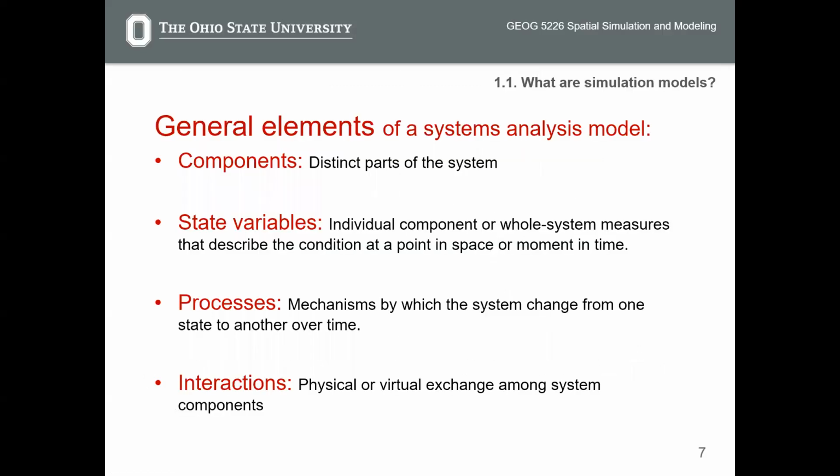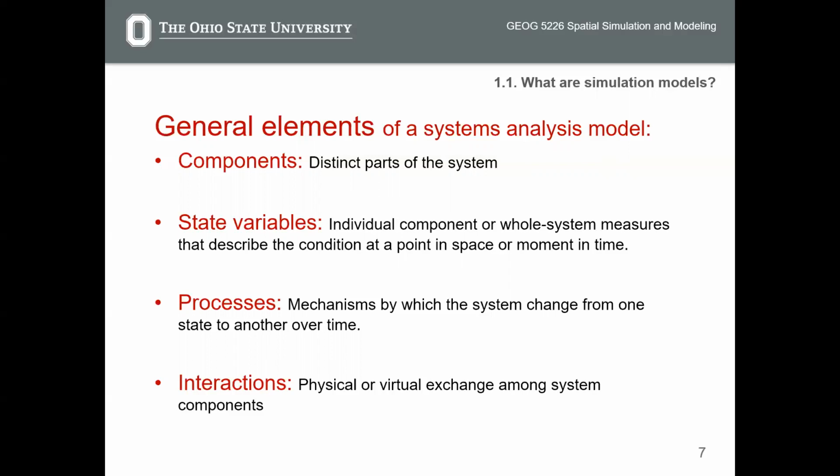Okay. So general elements of a systems analysis model or conceptual model include components, right? Distinct parts of the system, for example, different species in that forest. State variables, individual component or whole system measures that describe the condition at a point in space or moment in time. For example, the surface temperature of a leaf in Celsius degrees is a state variable for that forest, right?